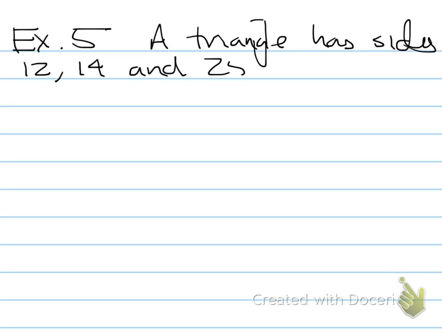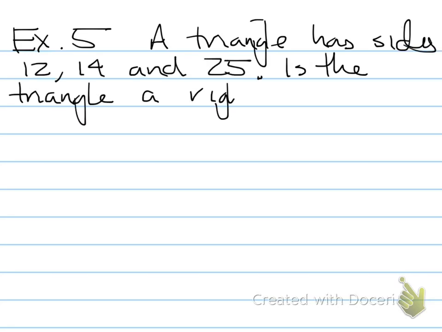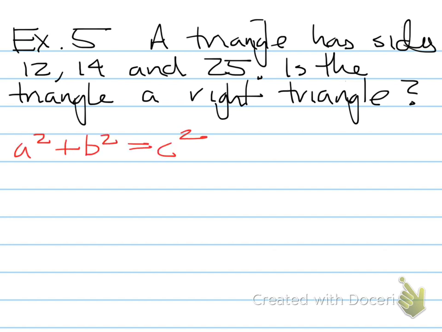Now we have a triangle that has sides 12, 14, and 25. We want to determine whether this triangle is a right triangle. Now again, if this is a right triangle, the longest side will be the hypotenuse, so our c will be 25. So we plug in 12 for a or b, 14 for a or b, and 25 for c.